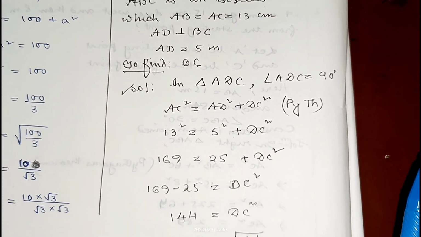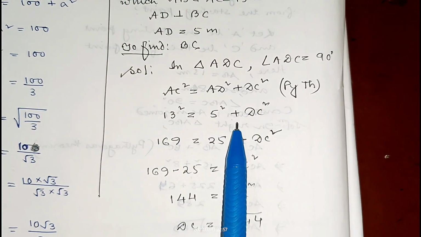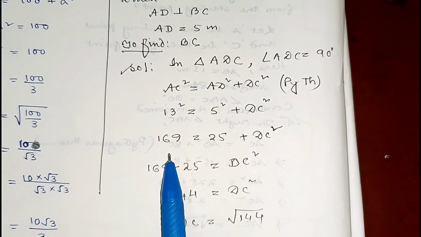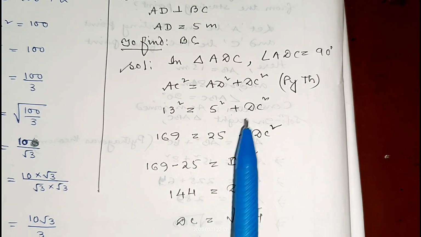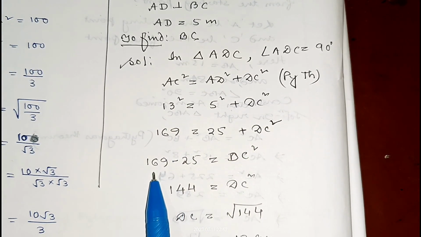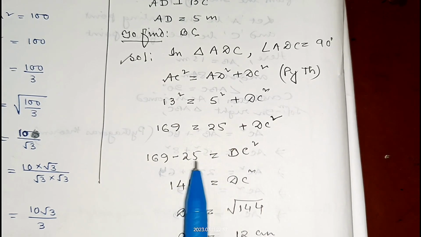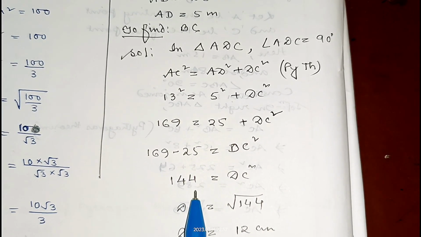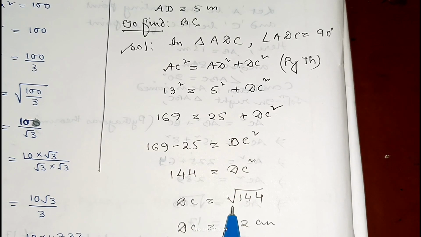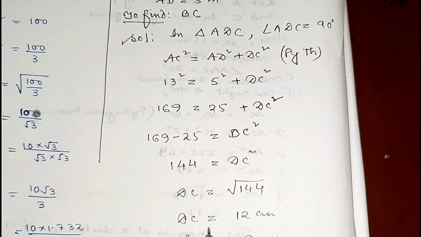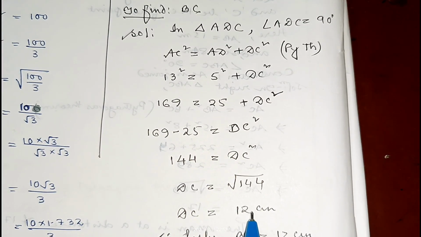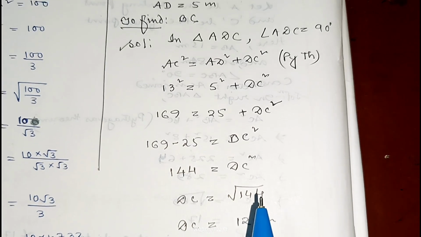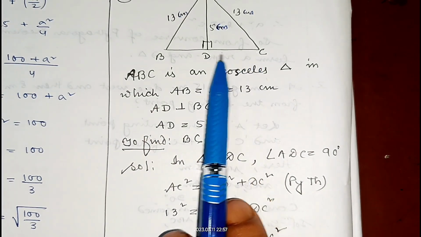So we can write 13 square equals 5 square plus DC square. 13 square is 169, 5 square is 25 plus DC square. 169 minus 25 is DC square. If I subtract, it will be 144 is DC square. So DC is root over 144. Therefore DC equals 12 centimeter because 12 square is 144.